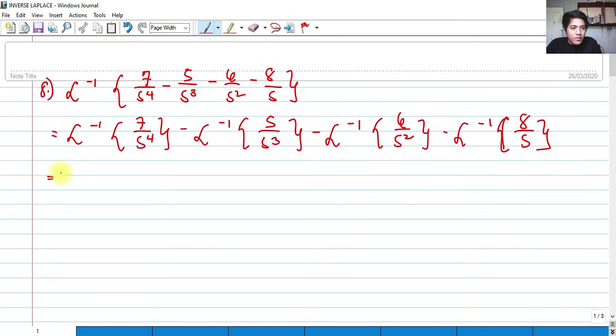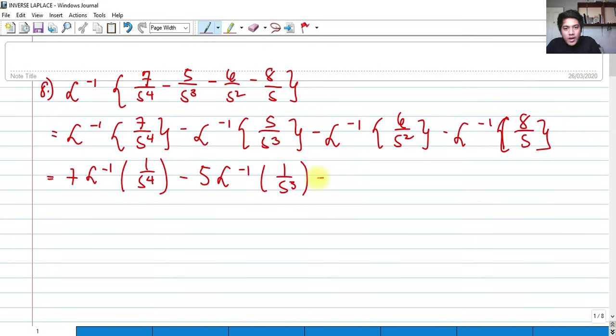So I can factor out the constants. So we have 1 over s raised to 4. Let me just replace this by simple parentheses. So we have 7 inverse Laplace of 1 over s raised to 4 minus 5 inverse Laplace of 1 over s cubed minus 6 inverse Laplace of 1 over s squared minus 8 inverse Laplace of 1 over s.